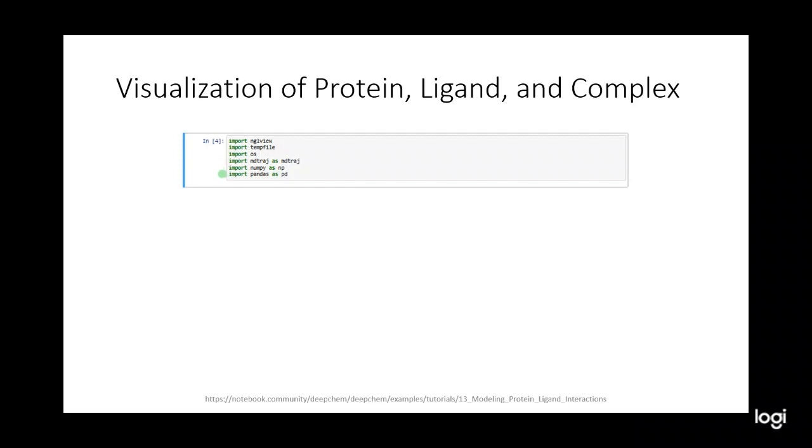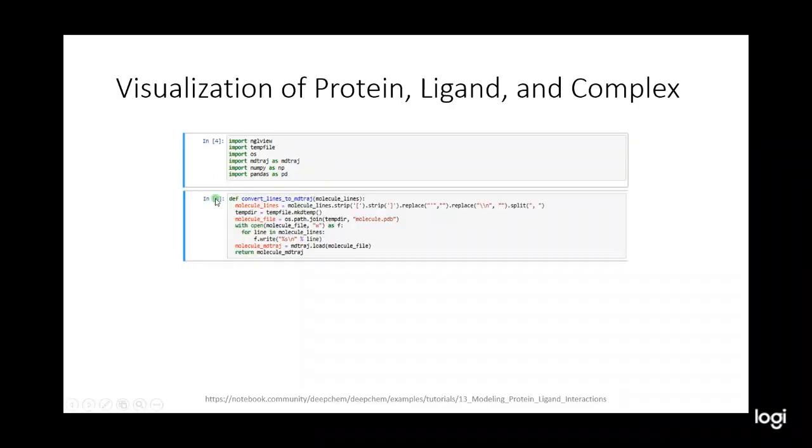NumPy for numerical computations. Pandas for data manipulation. We will define a function here, convert_lines_to_mdtraj. This function extracts and processes information from a specific field within the PDBbind dataset, converting it into a format compatible with MDTraj for molecular analysis.